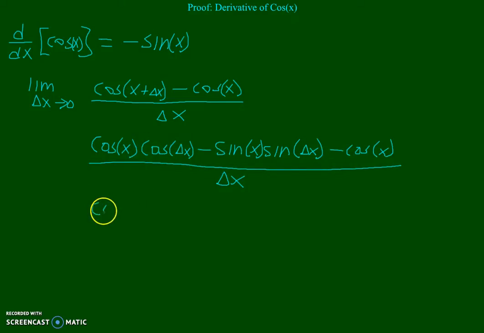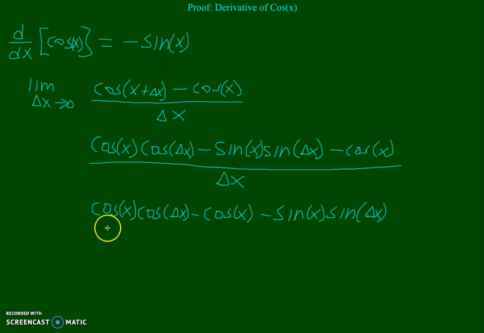So let's say cosine of x cosine delta x minus cosine of x, and put this one down, minus sine x sine delta x, all over delta x.